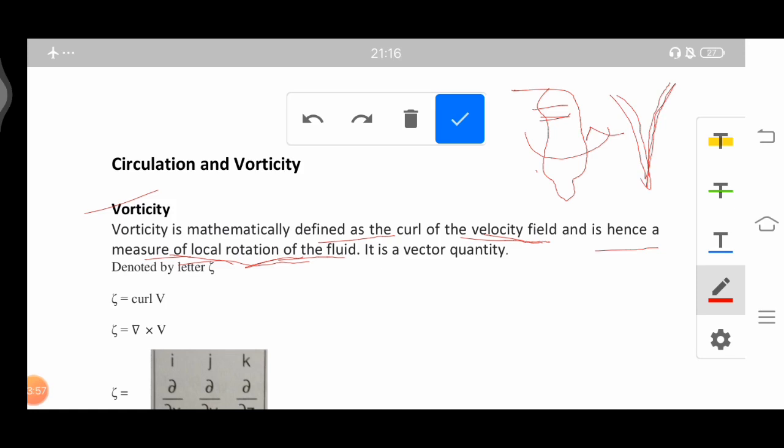This particular shape with which the water rotates is known as the vortex, and the motion is known as the vorticity.